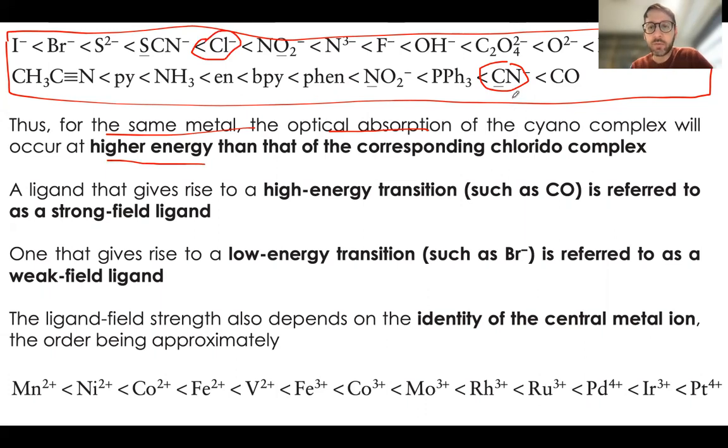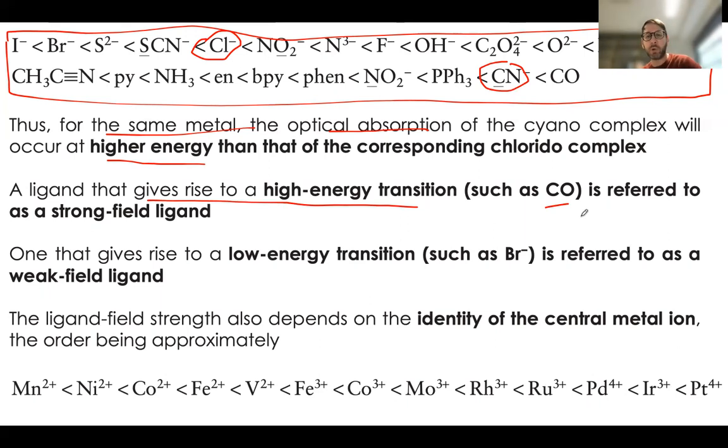So the cyano will lead to a higher energy, which means a higher ligand field splitting parameter than the chlorido. So a ligand that gives rise to this high energy transition, such as the cyano or carbon monoxide here, is referred to as a strong field ligand because it generates a strong ligand field splitting.